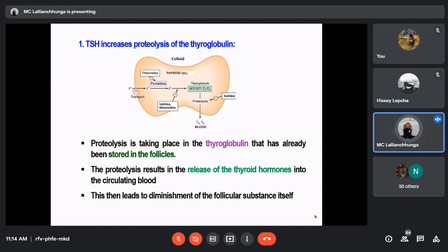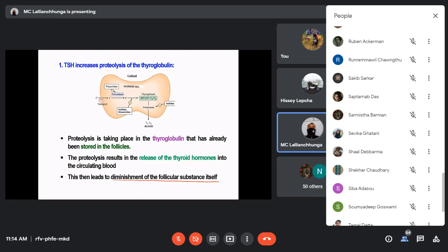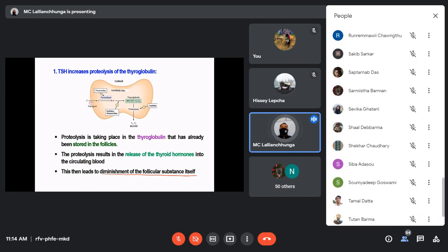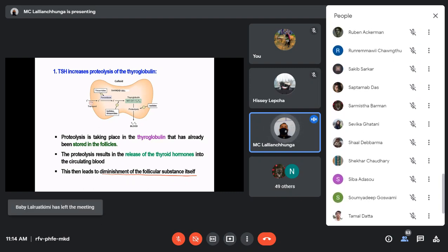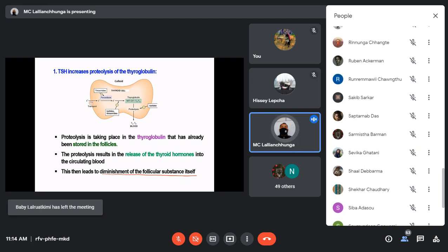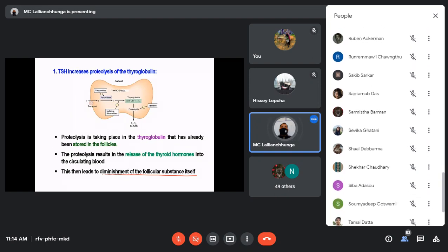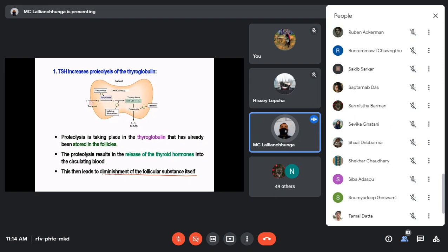This then leads to diminishment of the follicular substance itself, because the content of the follicle decreases. Sometimes some thyroglobulin is also released into the bloodstream, but to a much lesser extent. Remember that the first function of TSH is to increase proteolysis of the thyroglobulin, so that T3 and T4 are released into the bloodstream.